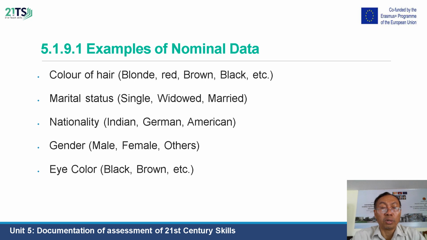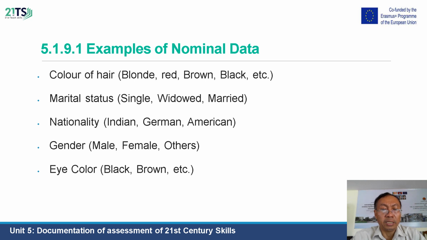For example, nominal data would cover information such as hair color, brown, red, or black, or marital status such as single, widowed, or married.